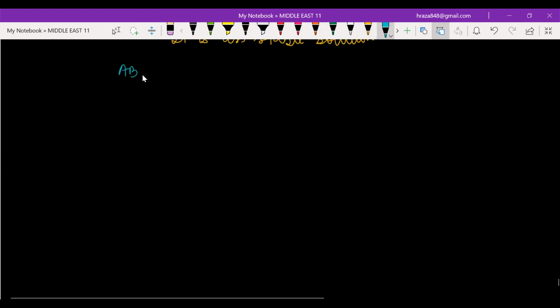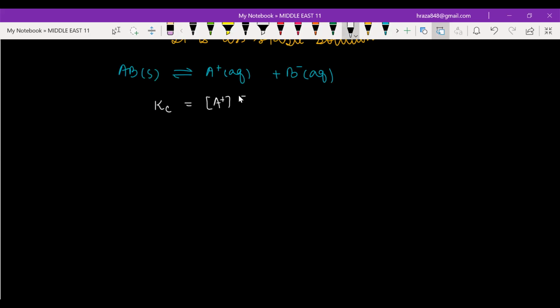Just see here, AB is basically a salt which is sparingly soluble, and if it comes in aqueous solution, you just put it in water, it will be converted into A+ aqueous plus B- aqueous. Now, if you are going to write Kc for this reaction, it will be [A+][B-] upon [AB]. Everyone okay with this? Expression for Kc.